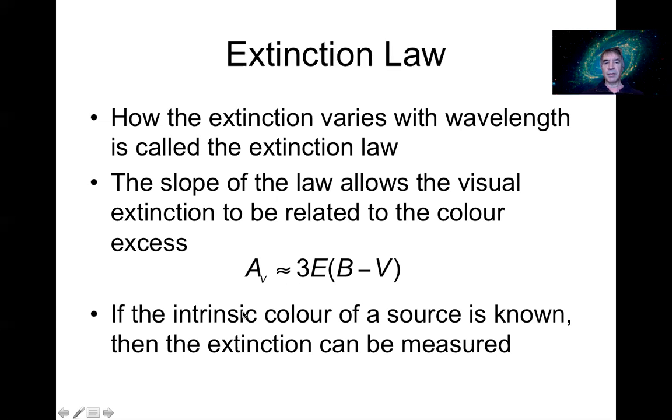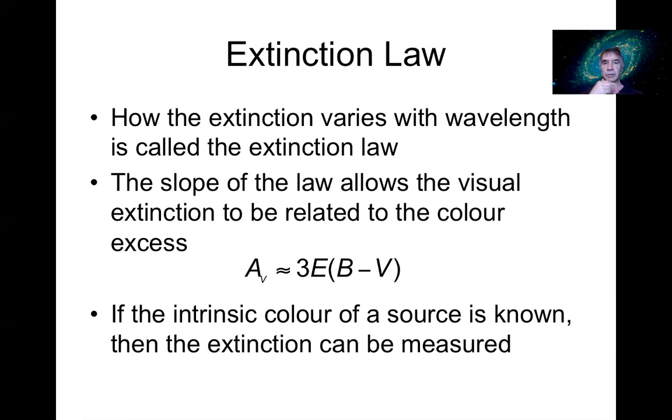And you might think, well, if you've got the spectral type of a star, then you know its absolute magnitude, so surely you can correct for AV that way. In principle you can, but there's a lot more uncertainty in translating a spectral type into an absolute magnitude.